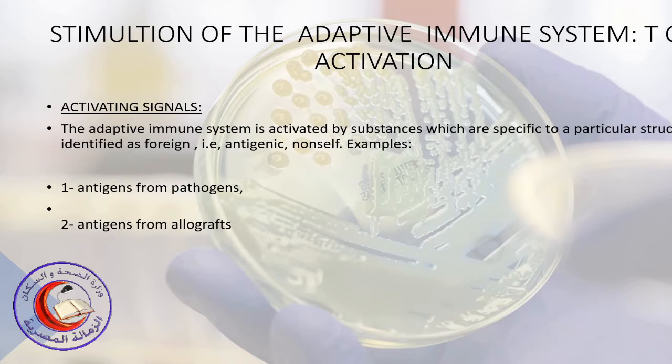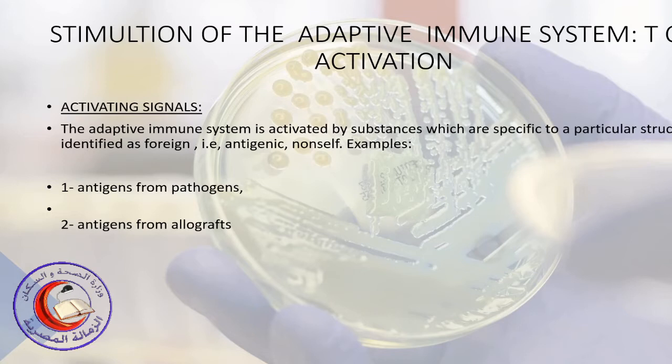Just as for the innate immune system, there are signals and receptors that activate the immune system and receptors that inhibit it. The same exists for the adaptive immune system.